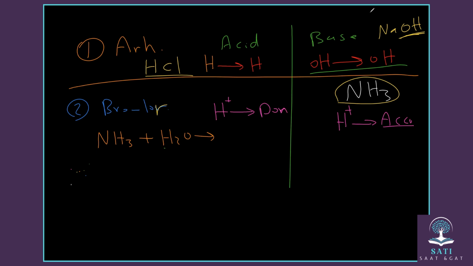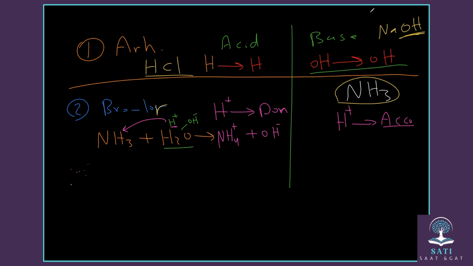As we know, water will be ionized into H positive and OH negative. And in this case, the H will go to NH3. Then NH3, which is ammonia, will be transformed into NH4 positive. Then what is left is OH negative.